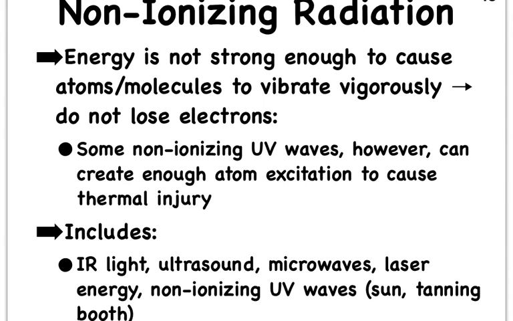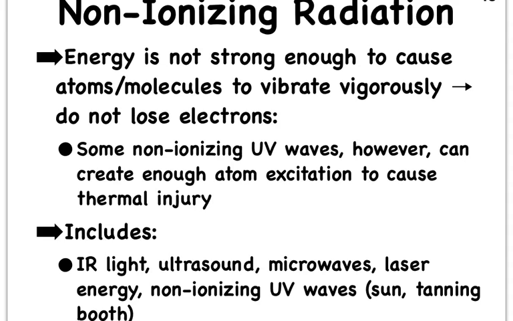But really, what does that mean, non-ionizing radiation? It's called non-ionizing because the energy is not going to be such that the particles can vibrate strong enough to lose electrons. So the radiation energy is just not making these particles, whether they're molecules or atoms or ions, vibrate enough to where suddenly these electrons escape.